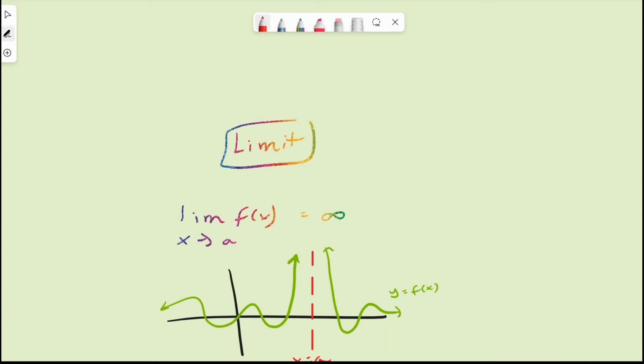You'll have a vertical asymptote in this case. And we can also have a limit that is equal to negative infinity.